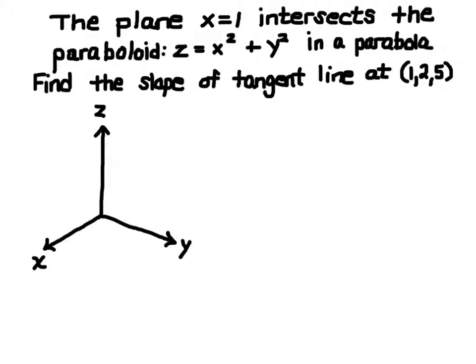And we will draw the graph of z equals x squared plus y squared. That's going to form a paraboloid here like this. Here's our parabola. So that's our paraboloid that's coming from this equation.